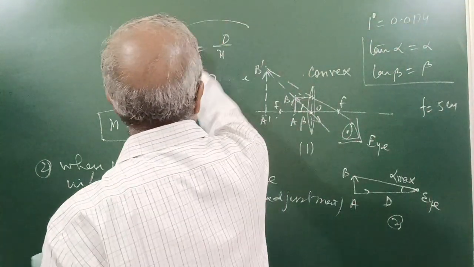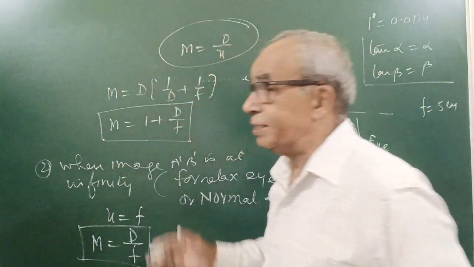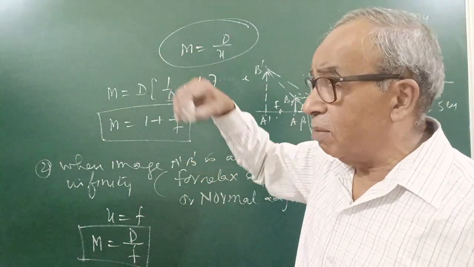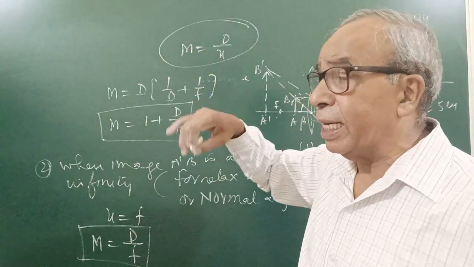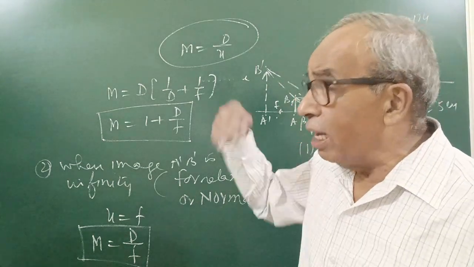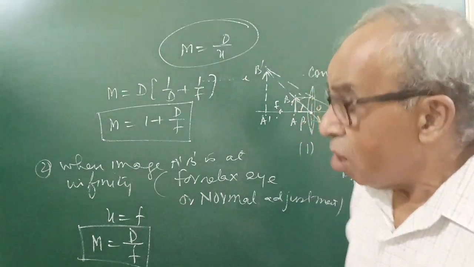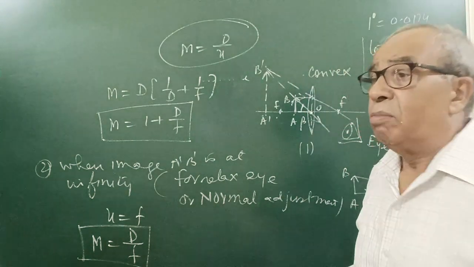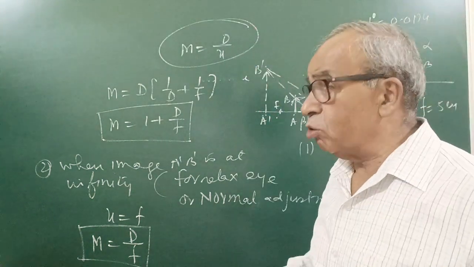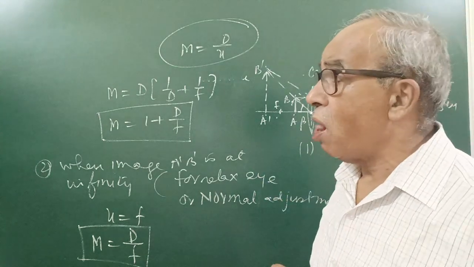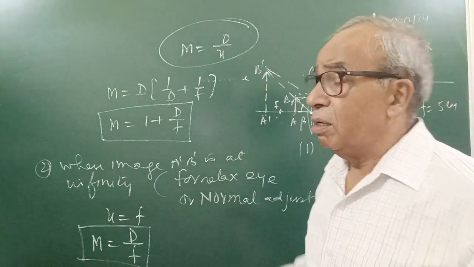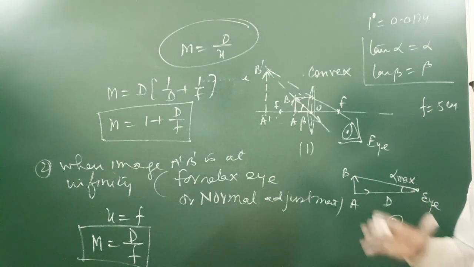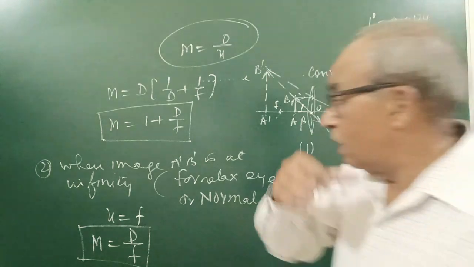Remember, the general equation is this for angular magnification, and by knowing the value of M we are getting how many times the apparent size of the image seen through the microscope is compared to the apparent size of the object when placed at D. It is a ratio of apparent size.